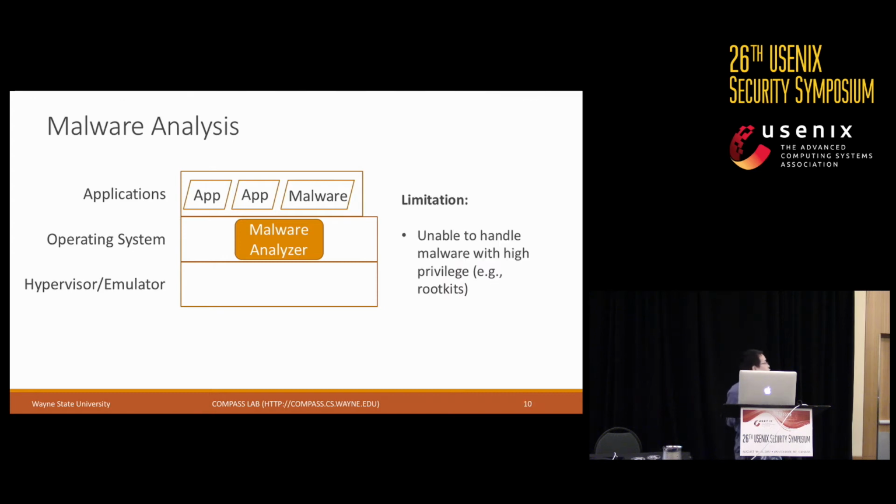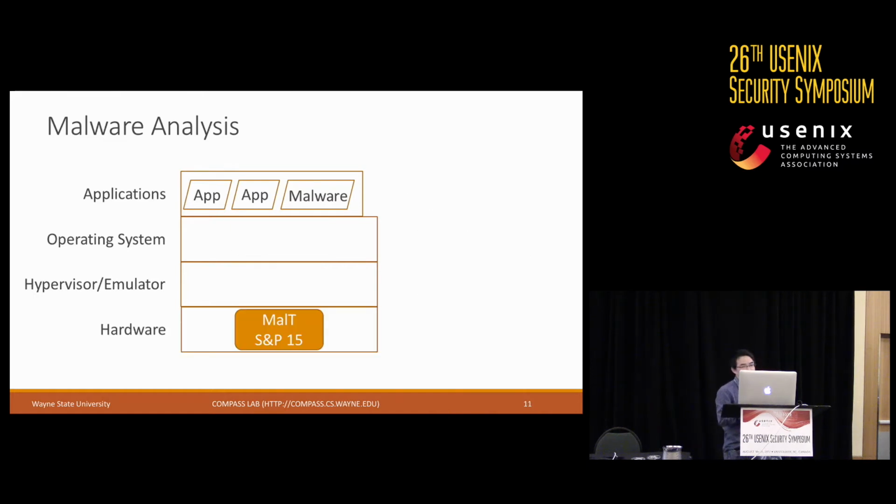And since there's no hypervisor or emulator involved in this architecture, the malware cannot split its behavior according to the detection of the hypervisor or emulator. However, as the malware analysis system is running inside the operating system, some malware with a higher privilege, something like the rootkits, can easily detect the malware analysis system or they can even manipulate it.